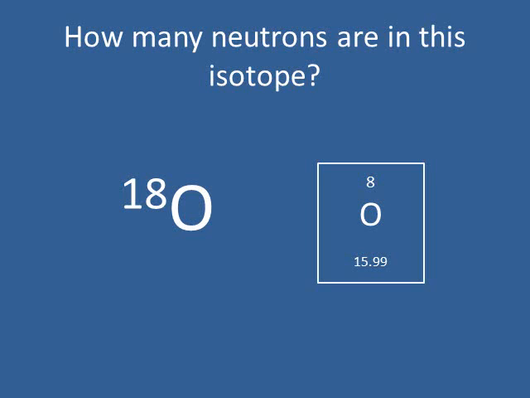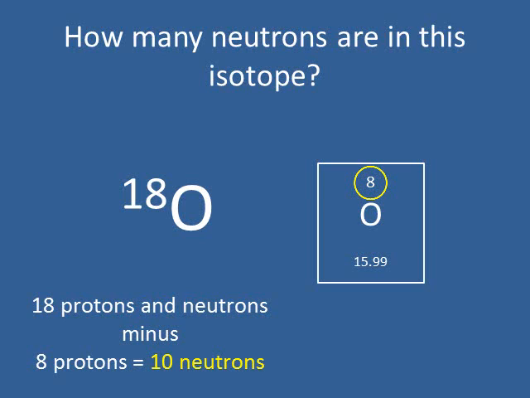Okay, so how many neutrons are in this isotope of oxygen? Recall that atomic mass number 18 to the upper left of oxygen is the total number of protons and neutrons in this isotope of oxygen. And then recall that we're going to subtract the atomic number, the number of protons, from that atomic mass number, giving you a total number of 10 neutrons in this heavy isotopic version of oxygen.